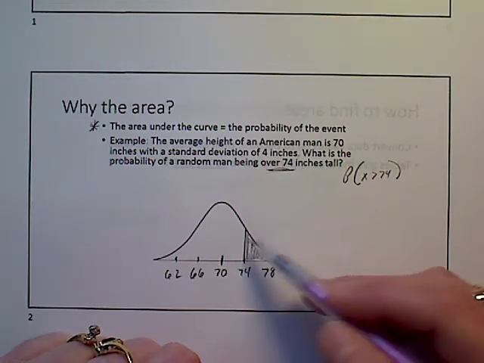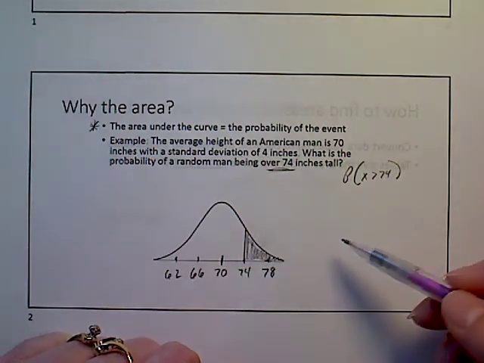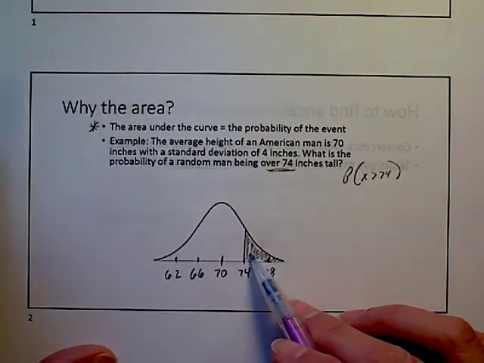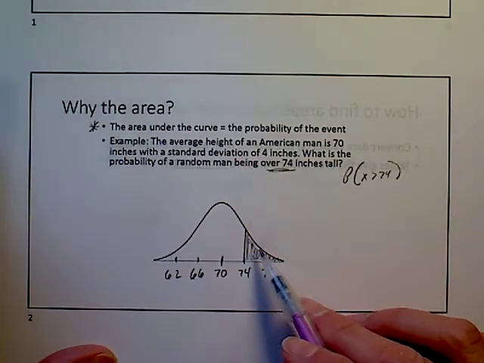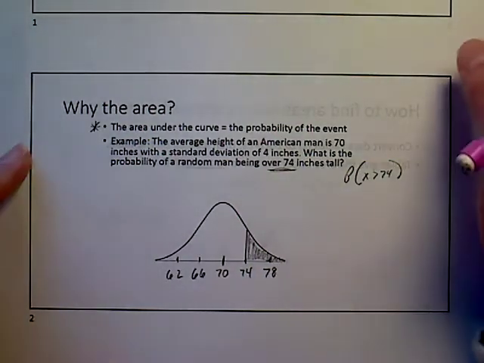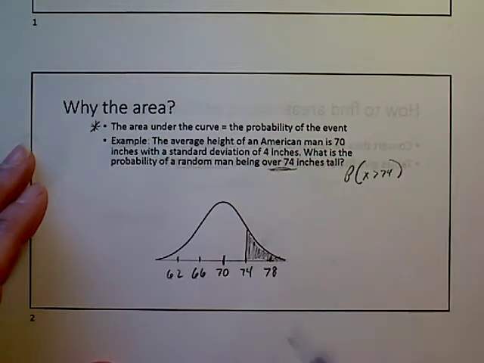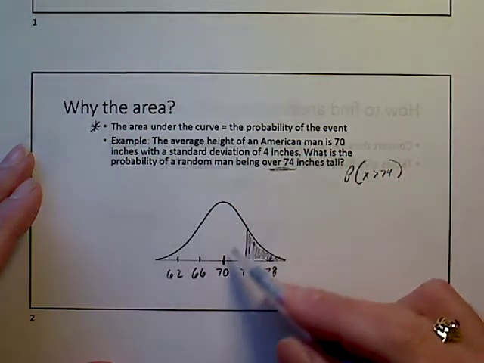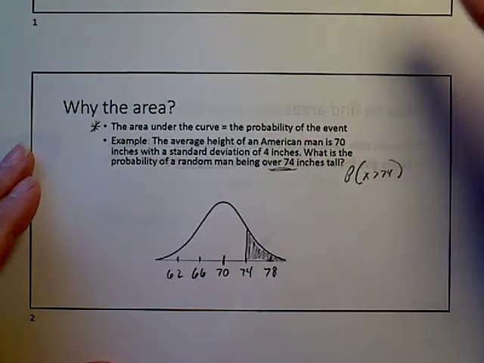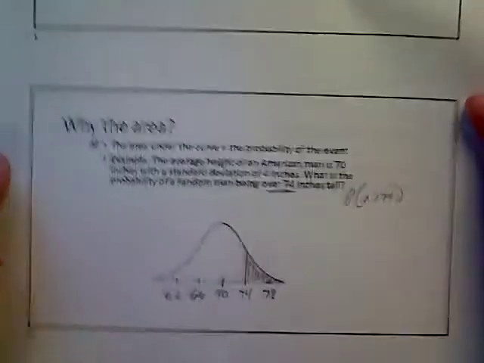Okay? And so we use calculus to find areas under a curve. That's what that's for. And so they have normalized this, standardized it, and put it on a table. So that's going to help us out. So the first thing we want to do is to figure out how to look at this information, and then we'll look at the table so you can see how that pans out for us.